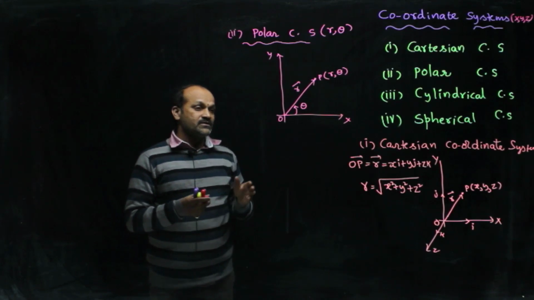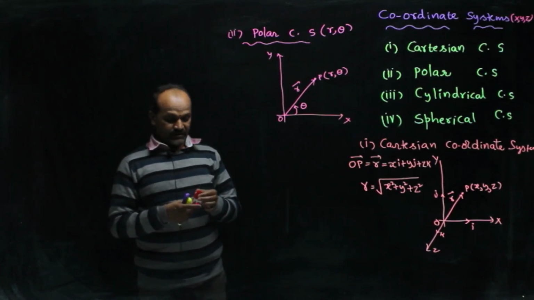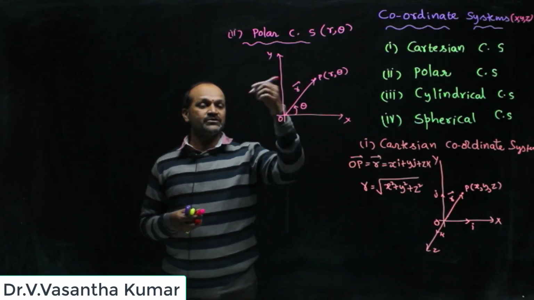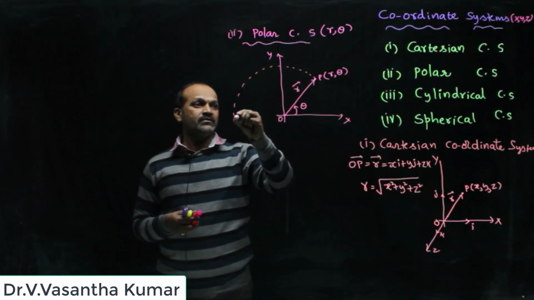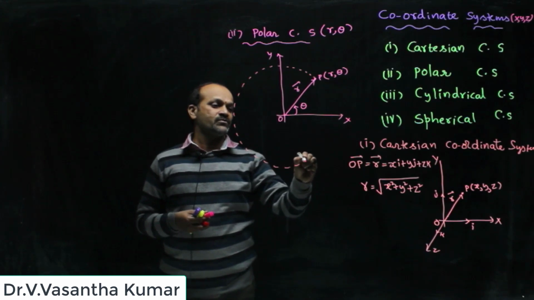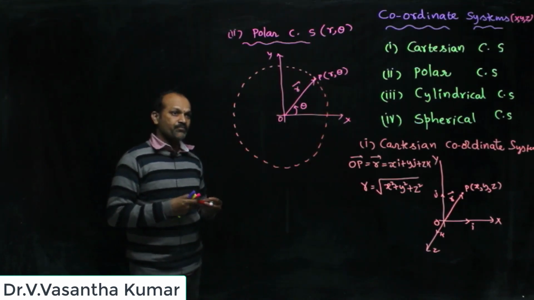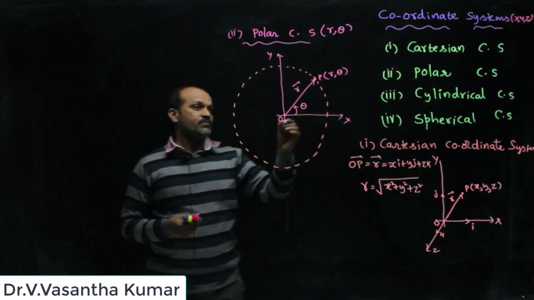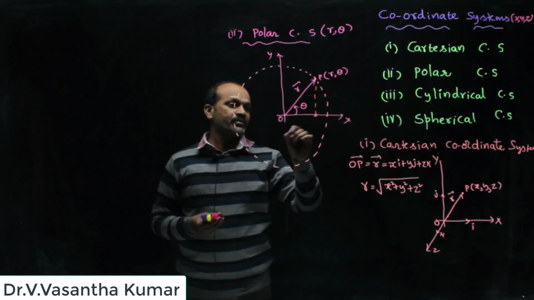In this case, if the particle is rotating and the angle theta is changing with a fixed radius, it is rotating in circular paths. So in this case we use polar coordinates. We'll see the projection on this axis, say P dash.